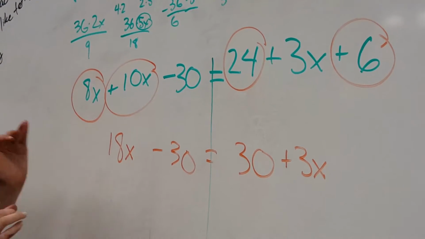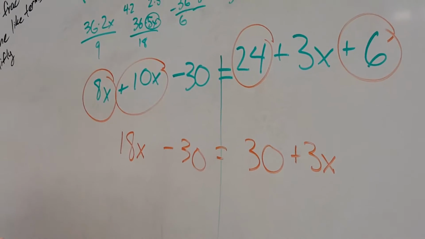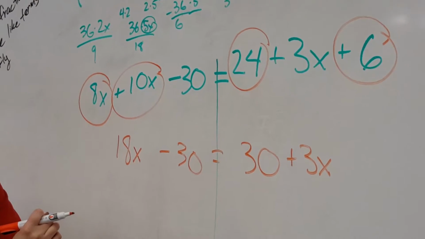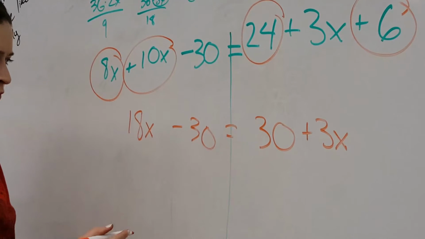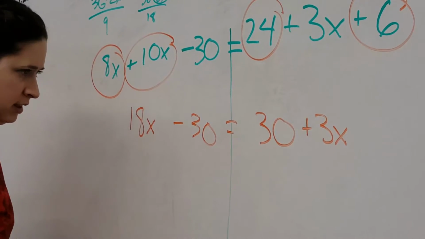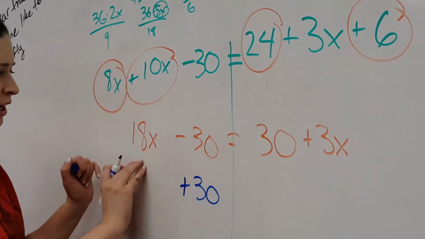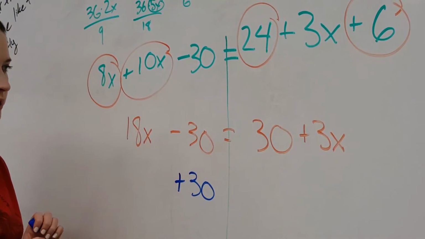All right. Now I am ready to start solving my problem. Well, I've got x's on each side, so I need to bring all the x's to one side and all the numbers to the other side. I'm going to just start on this side because that sounds like fun. Let's try adding the 30, because I can't get rid of this 18 until I get rid of the negative 30.